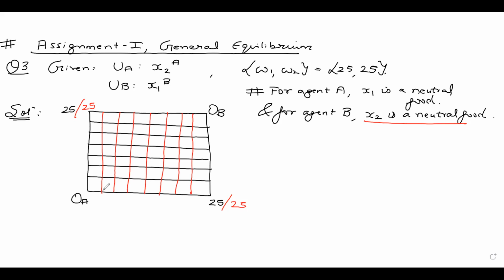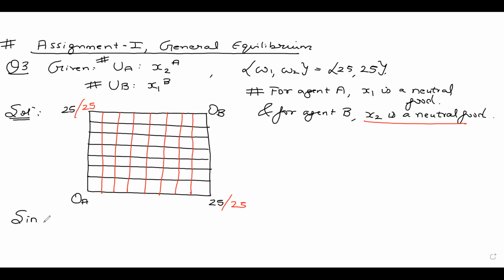Now let us see where the Pareto efficient points will lie. First of all, will the Pareto efficient points lie in the interior? No. Why? Because if you observe the utility functions, agent A gets utility only from good 2 and agent B gets utility only from good 1.